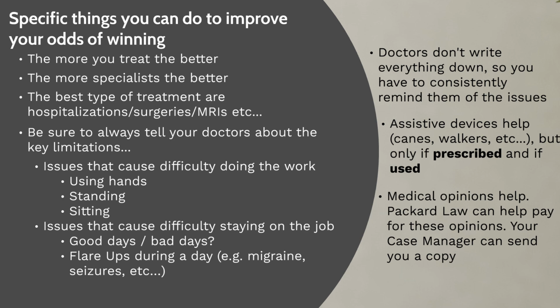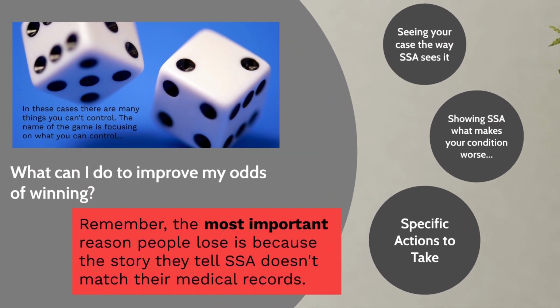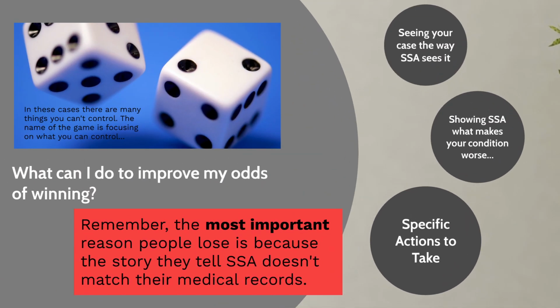Okay, so those are specific things that you can do to improve your odds of getting approved. Now, one thing I do want to mention, a few things that can be harmful to your case. There are two things that you really want to be careful about avoiding. The first one is non-compliance, okay?